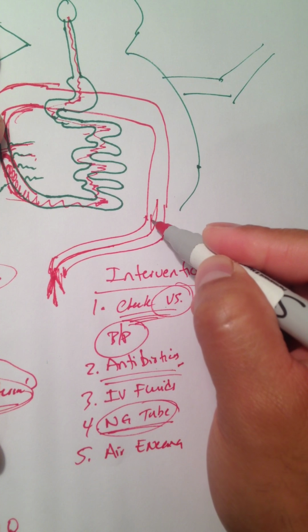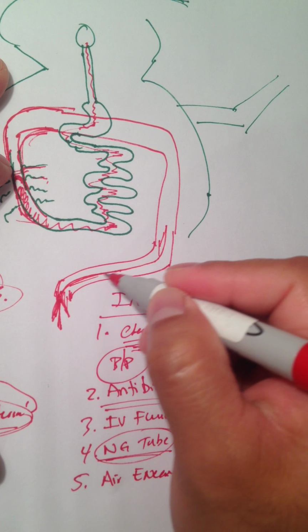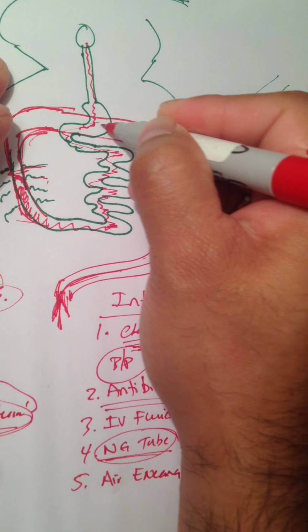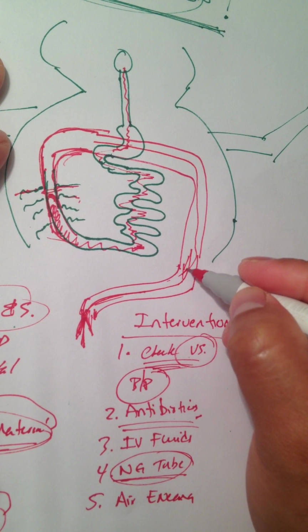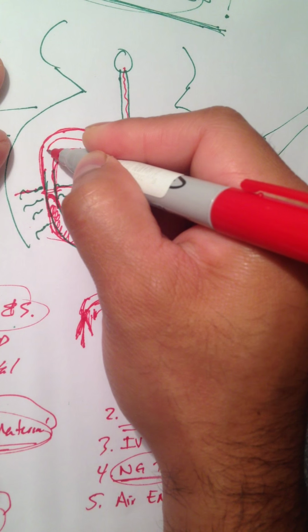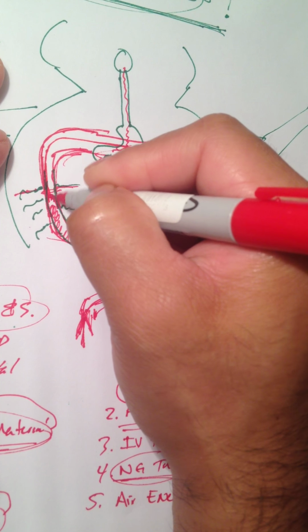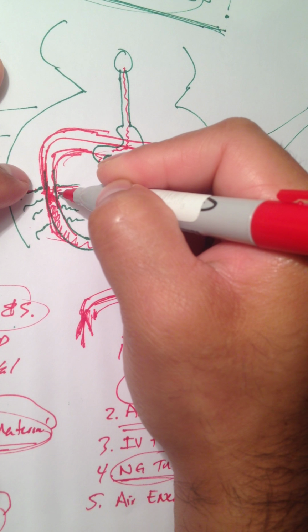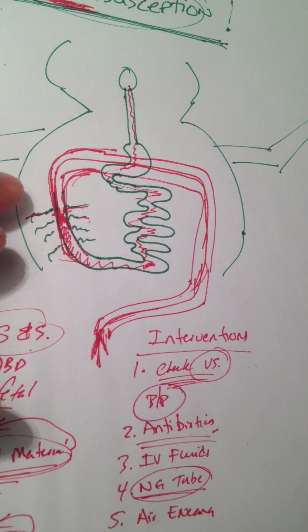It'll go up into the descending, so it's going to come back this way. Now, the hope is to pump it full of air or fluid so that it causes enough pressure to push that kink back out.